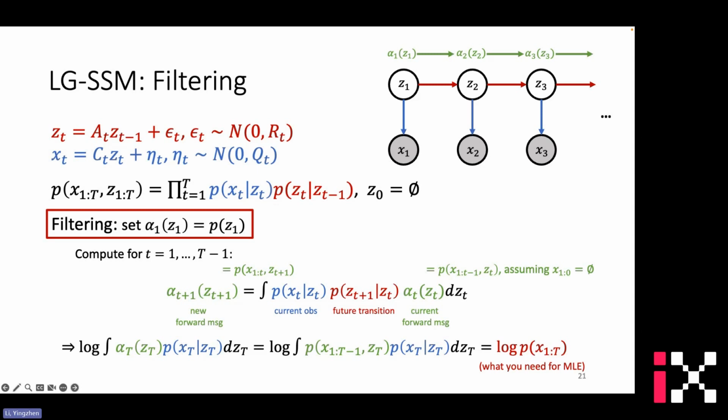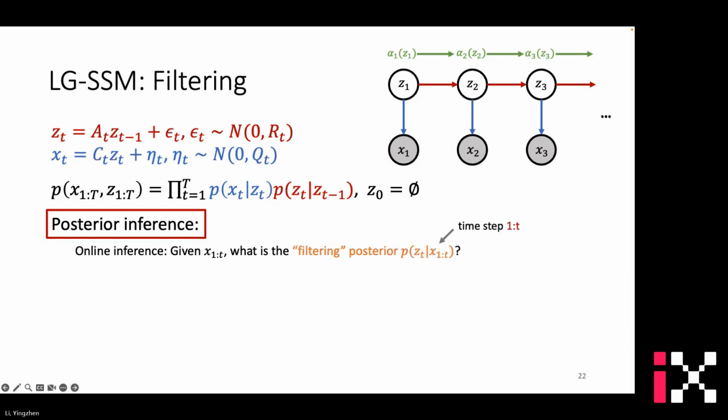The other very nice thing here is, if you are interested in inferring the latent states given a particular observation sequence, what would be the corresponding latent states that generated this sequence, this is called the inference problem. You can also solve this problem with Kalman smoothing. Anyway, the online inference is the following.